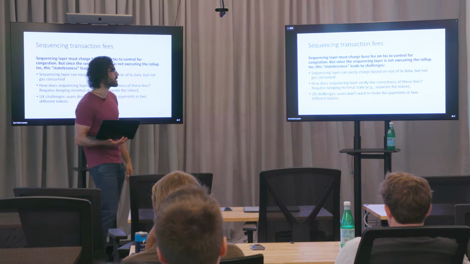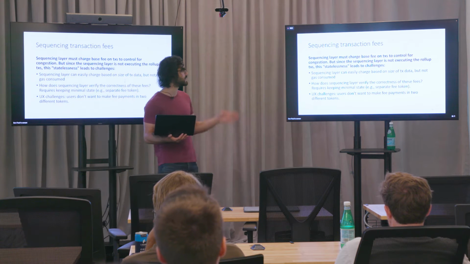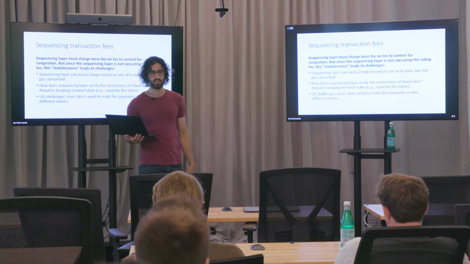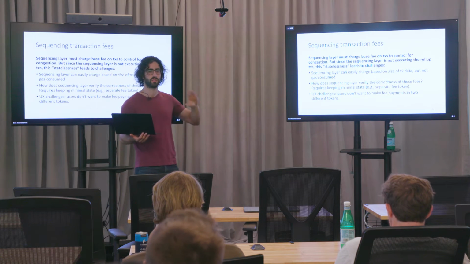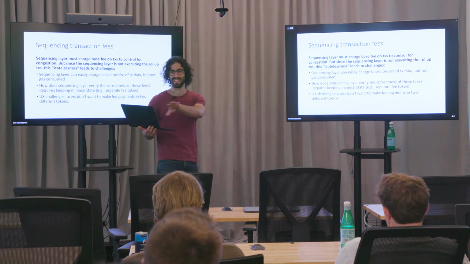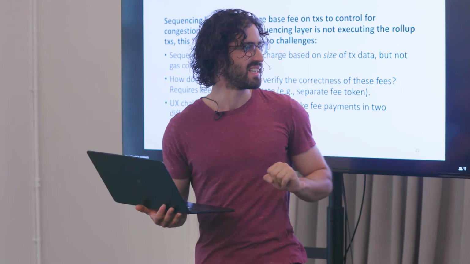So it could be charging just based on the size of data, but again, now everything that gets sequenced has to be then executed by the execution layer. That's the whole idea here. The execution layer can't choose what to execute and what not. Otherwise, it would have the power of deciding what gets included rather than the sequencing layer.